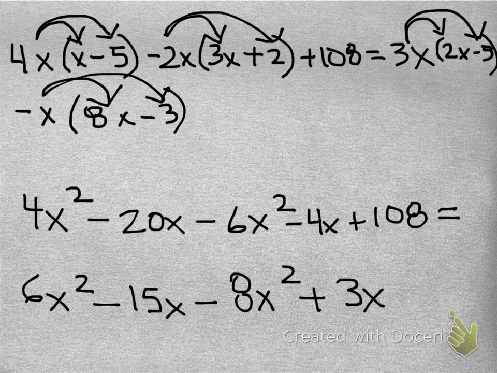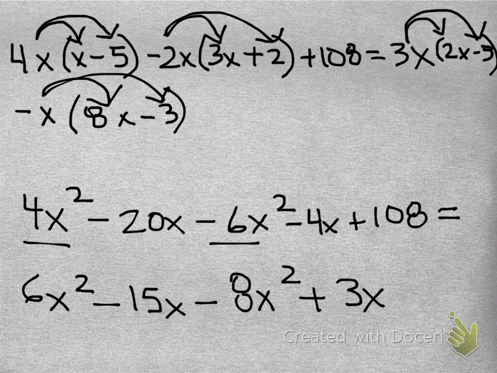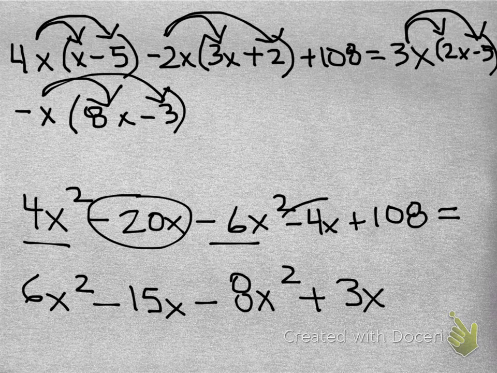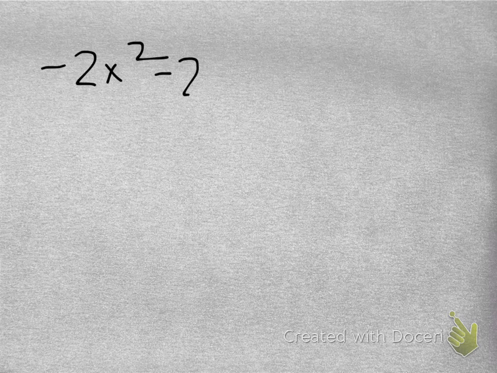So we need to combine like terms on the same side of the equal sign before we combine across the equal sign. So we can do 4x squared minus 6x squared. That gives us negative 2x squared. Then we can do negative 20x minus 4x. That gives us negative 24x.